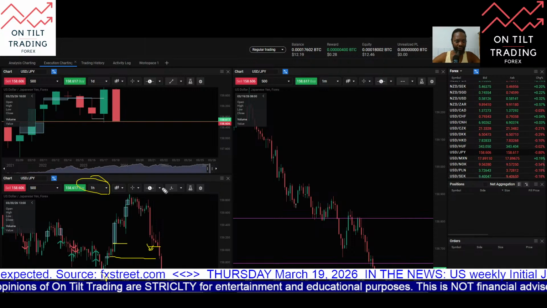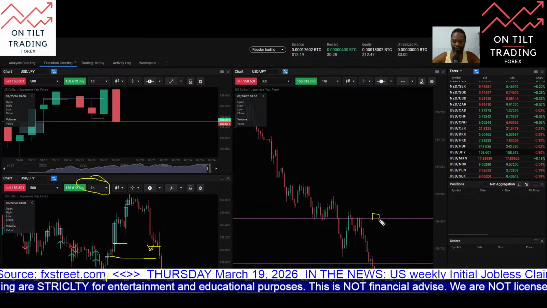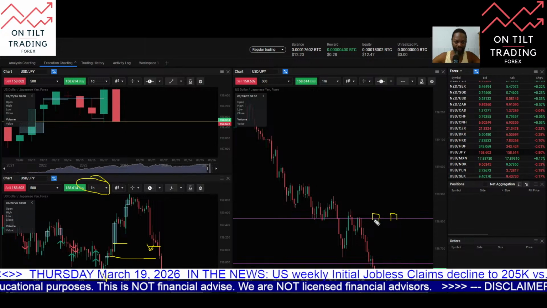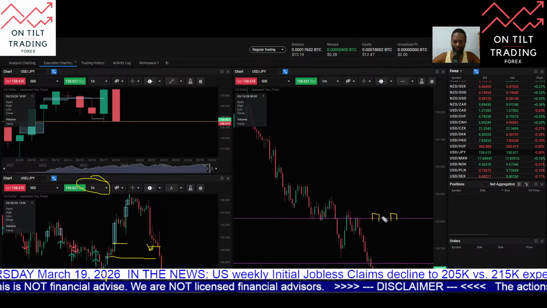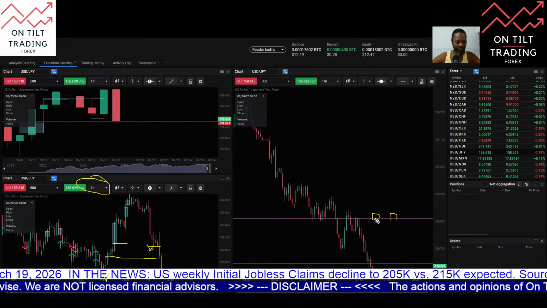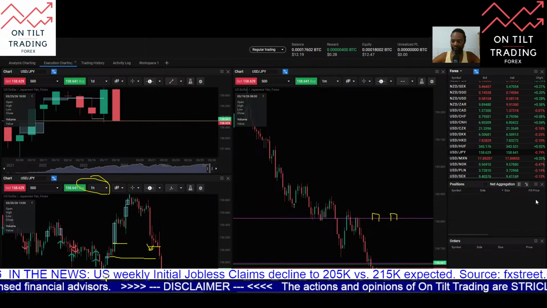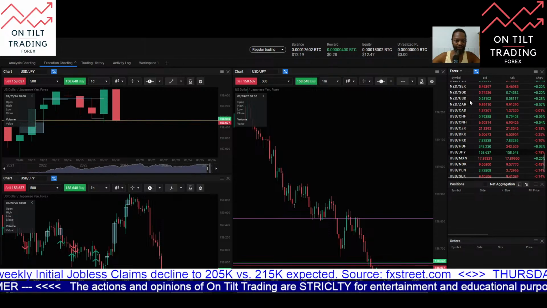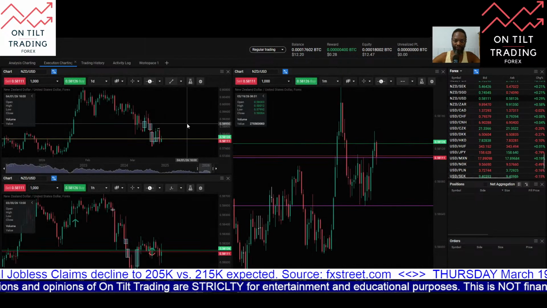So I'll keep an eye on price action and see what it does, but ideally I want to see price come up here and give some body candle closes above this opening 5-minute candle high right here in order to take an entry. Let's head over to Kiwi dollar.